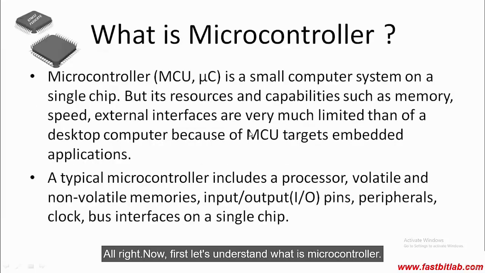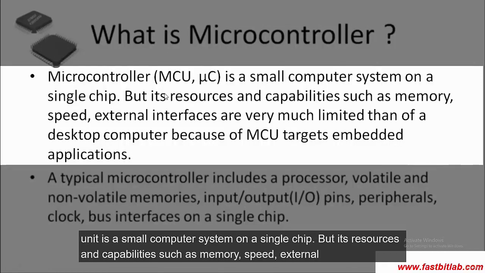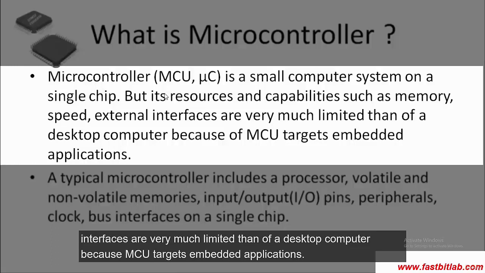Alright, now first let's understand what a microcontroller is. A microcontroller, also abbreviated as MCU, which stands for microcontroller unit, is a small computer system on a single chip. But its resources and capabilities, such as memory, speed, and external interfaces, are very much limited compared to a desktop computer, because an MCU targets embedded applications.